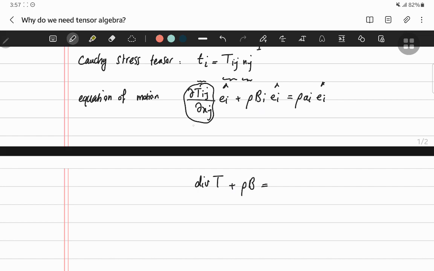You know that the divergence will decrease the order of what you put into it. So if you have a second order tensor, it will give you a first order tensor or a vector. Plus this is also a scalar field, rho, the density, and you have these body forces here, which is bi. So finally it gives you a vector. So you have a vector plus a vector. Finally, it gives you another vector, which is rho a, and a here is basically the acceleration. So you have here another vector.